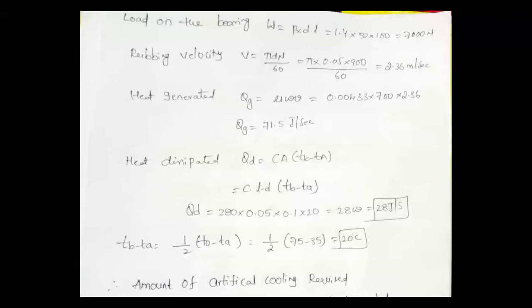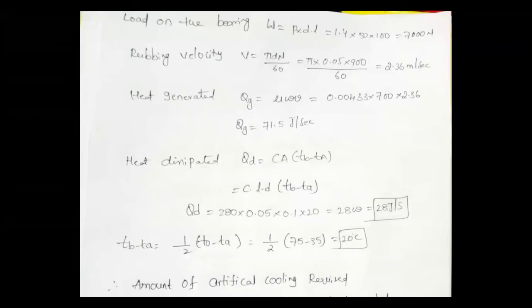The C value is a constant value, but according to the application the value may change, no problem. Unless otherwise given, you can take the standard value. So the verification of your answer is the amount of heat generated and the amount of heat dissipated. Based on these two things only, you can verify whether your answer is correct or wrong.